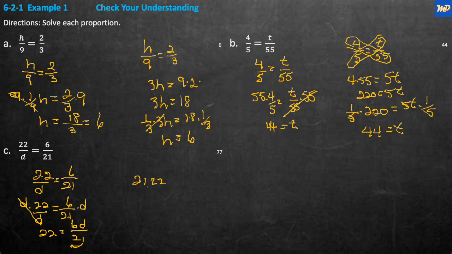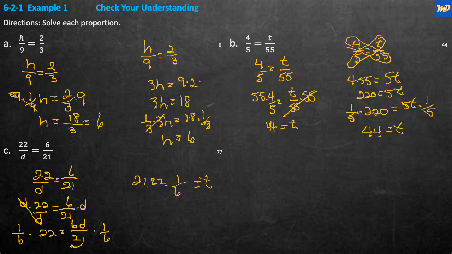And then I'm going to do the 6 at the same time. I'm also going to divide by the 6, so this side is going to be times 1 over 6, and this side is times 1 over 6. That equals d. I put the 21 on the top.